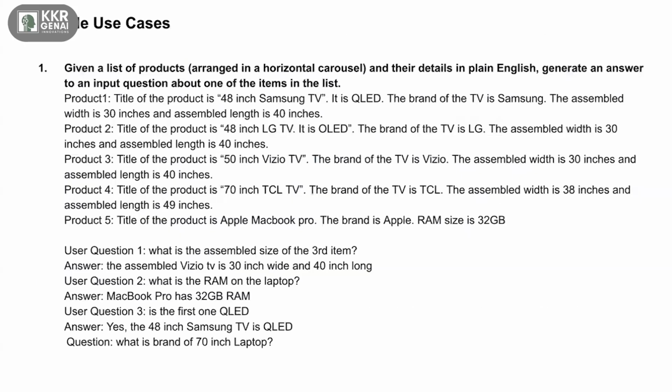What exactly is COT? What do we do in COT? It's chain of thought, which increases reasoning, step by step. So will step-by-step reasoning help here to determine whether a product is available or not?